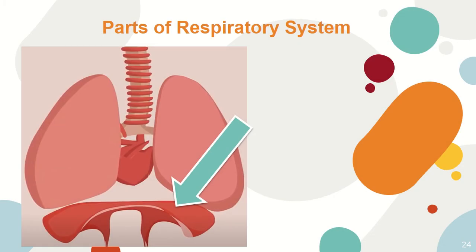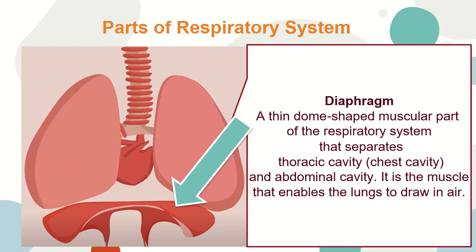Now, another part of the respiratory system is the diaphragm. A diaphragm is a thin dome-shaped muscular part of the respiratory system that separates the thoracic cavity or chest cavity and the abdominal cavity.